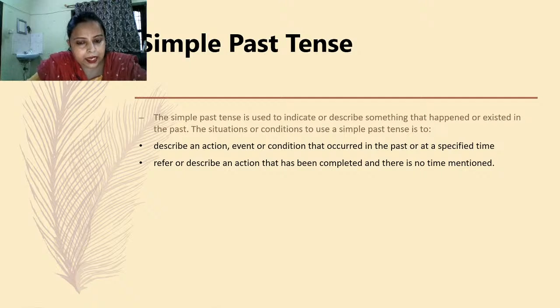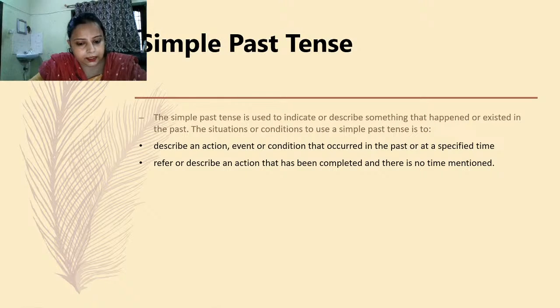It is also used to describe an action that has been completed and there is no time mentioned. Children, please pay attention to the 2 points that I am giving. The simple past tense describes an action, event or condition that occurred in the past or at a specified time. If the time is mentioned, for example, yesterday at 6 p.m. I attended a meeting. Here I am giving a specified time.